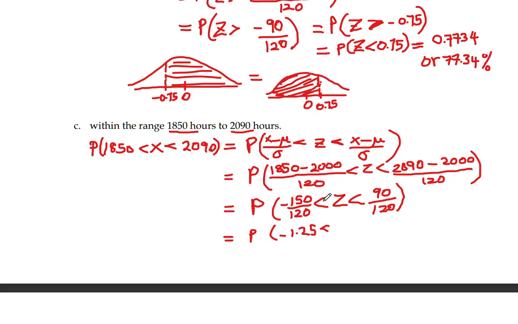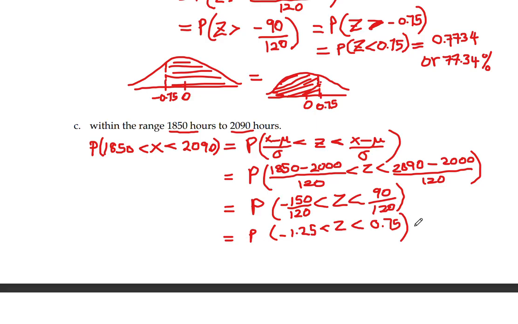Less than, write back this less than sign, write back the z, which we're using to standardize, and then we have 90 divided by 120, which is 0.75. So this kind of situation is often the most challenging type of normal distribution problem, when our interval involves a negative number, negative 1.25, and a positive number, 0.75.